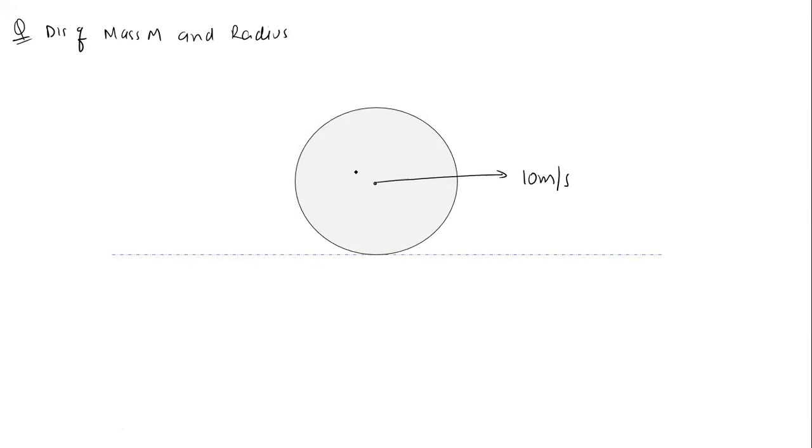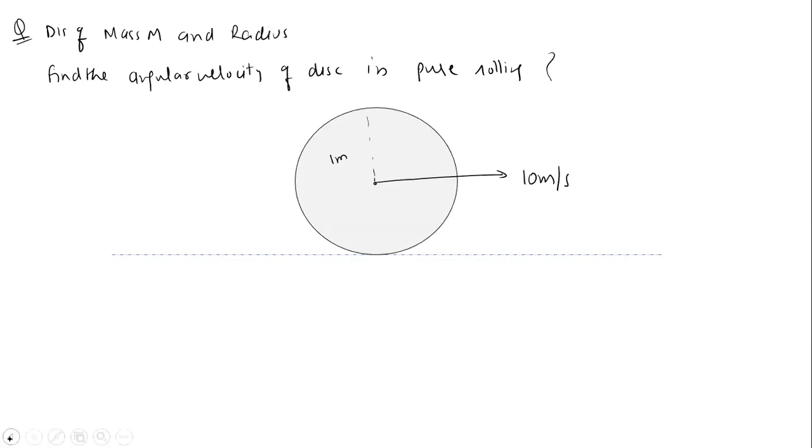The radius is 1 meter. Find the angular velocity of the disk when pure rolling condition is there. Find the angular velocity of the disk in the pure rolling.